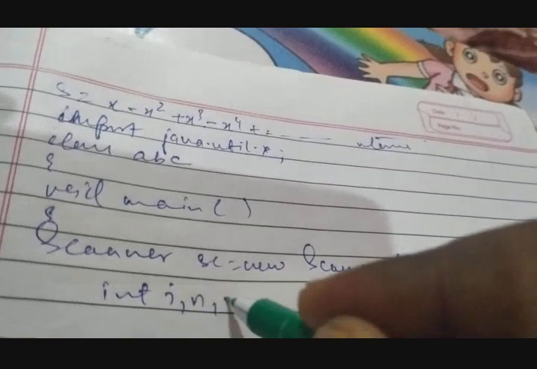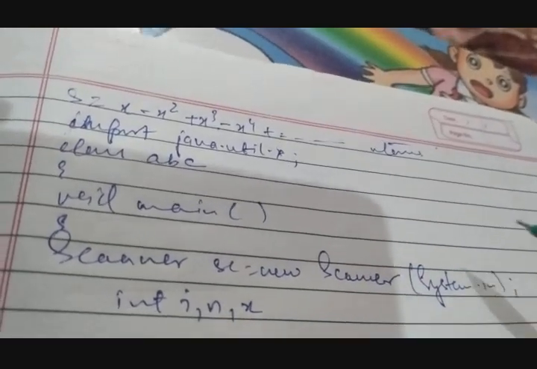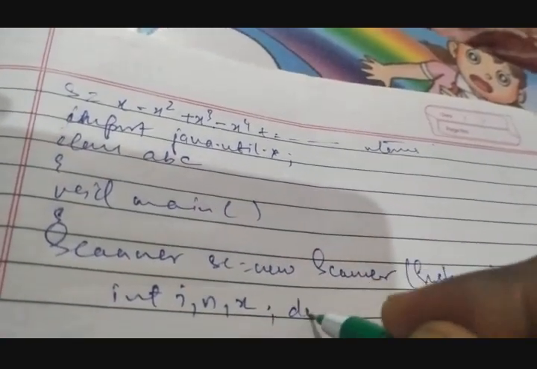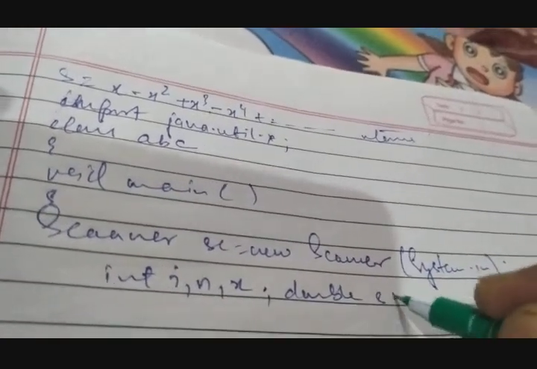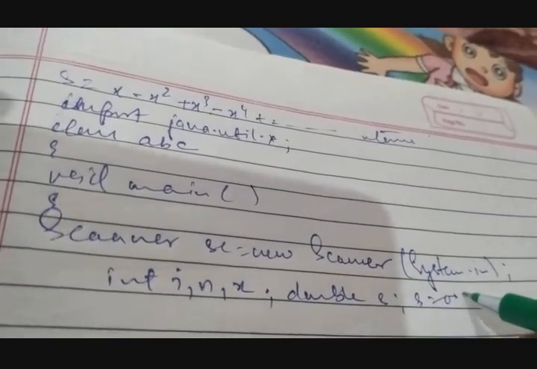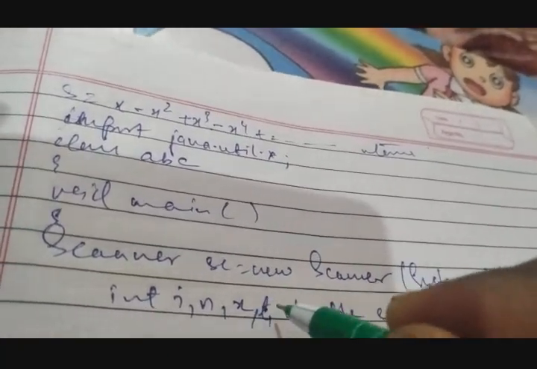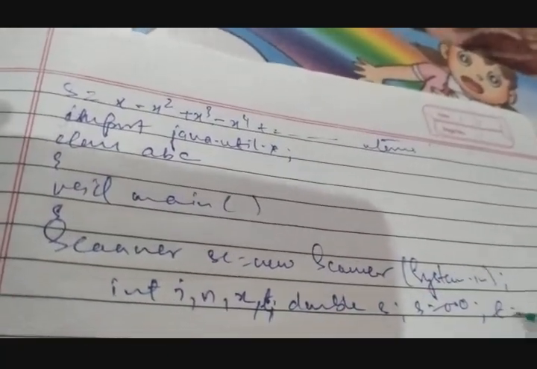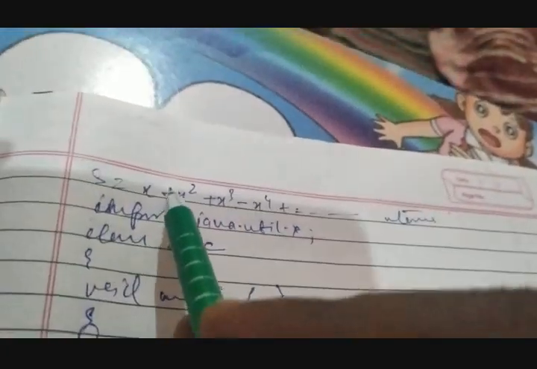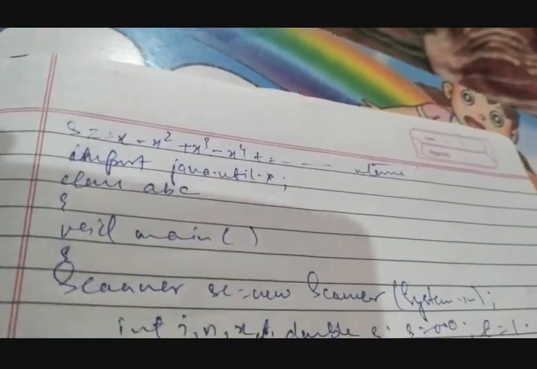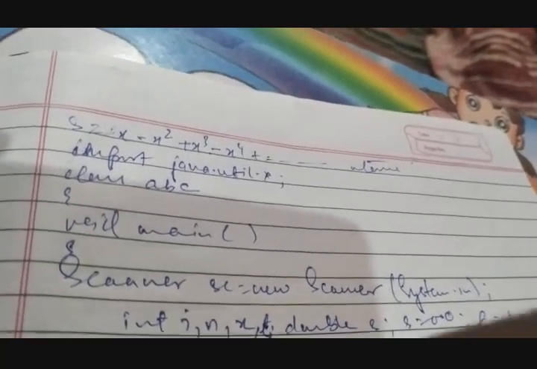You require n, you require x, and we require a double s, and s equals 0.0. And you require a t variable, and t value equals 1. Why is it 1? Because the first term is positive here. No sign is there, that means it's a positive 1.